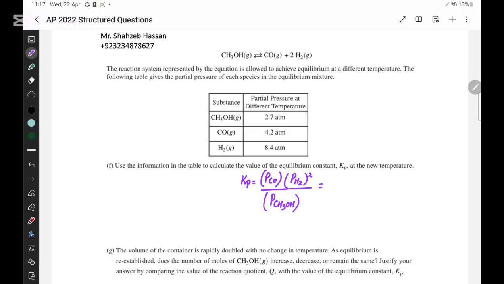That is 4.2 atm times 8.4 for hydrogen squared, and at the bottom it is 2.7. So the answer comes out to be 110.